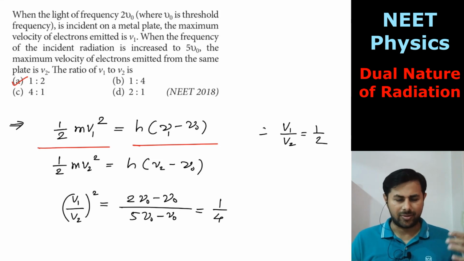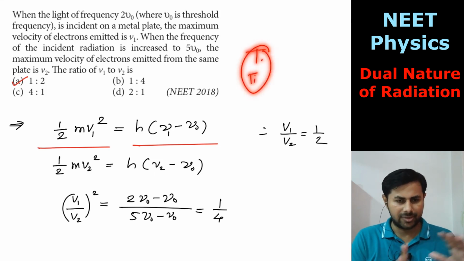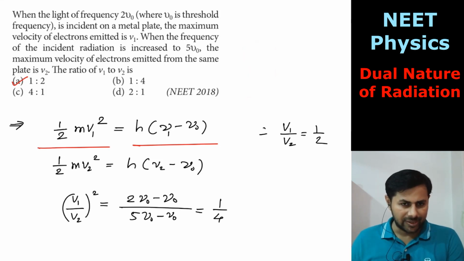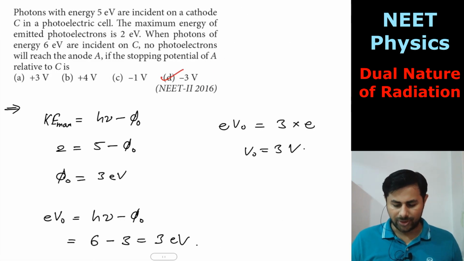Kinetic theory of gases is very important. Modern physics is important. These chapters are small, but they ask a lot of questions based on this, right? So we'll see more problems based upon this tomorrow also.